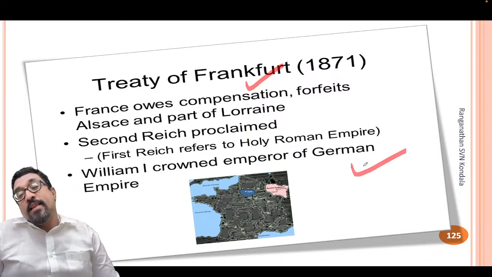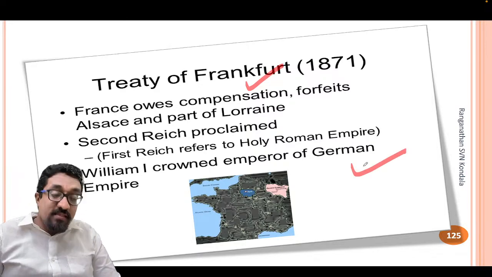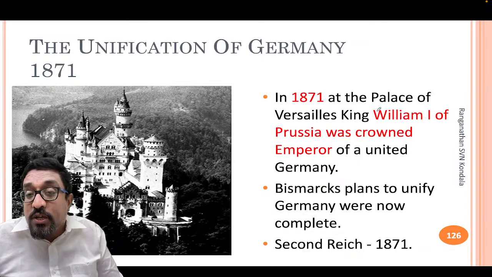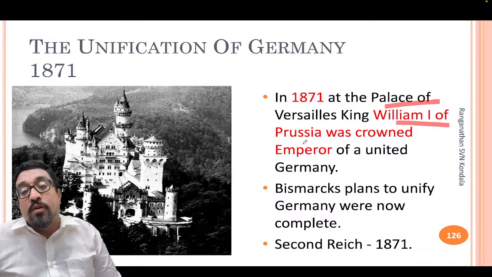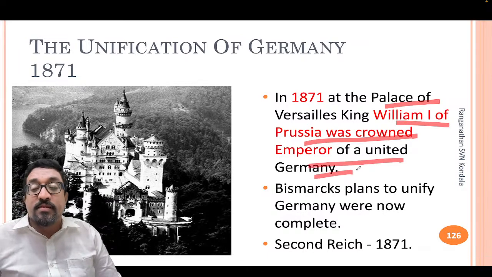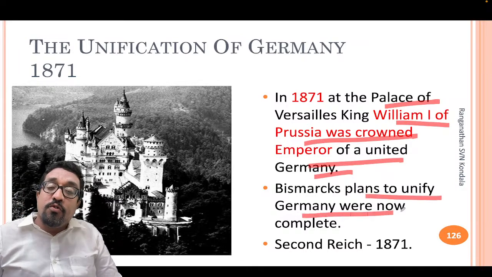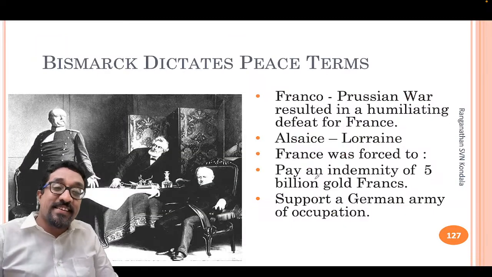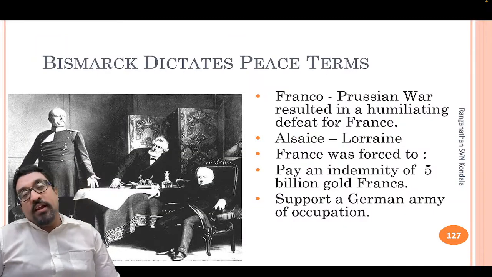William I was declared the Emperor of Germany, and France was punished. In the Palace of Versailles, King William I was declared the Prussian Emperor. Bismarck's plan to unify Germany was now complete in total. And France was particularly punished.